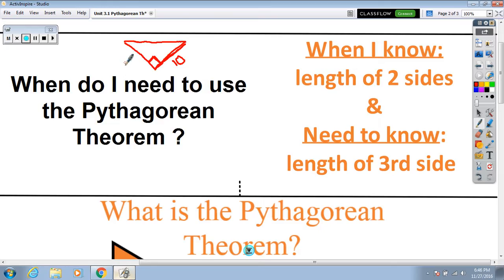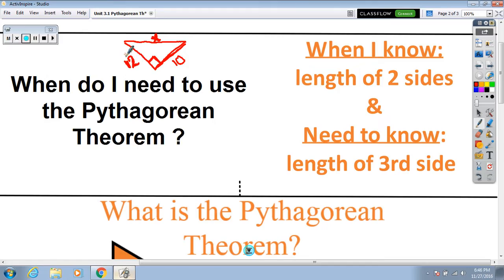And let's say they give me the measurement of this side is 12. Okay? They ask me to find the length of the third side. So we'll call this x.